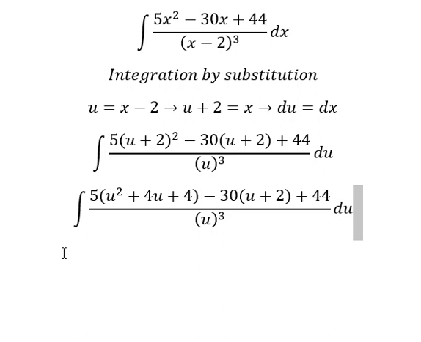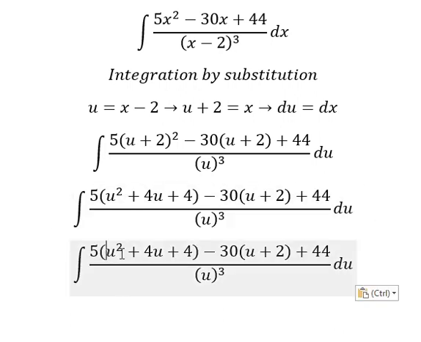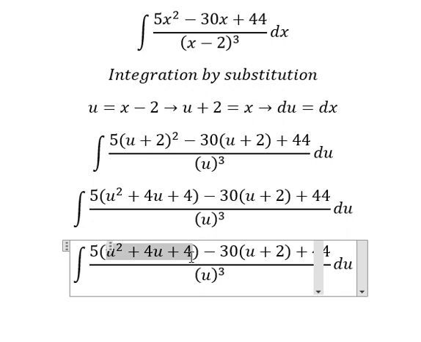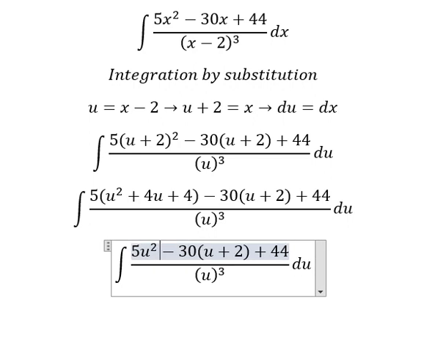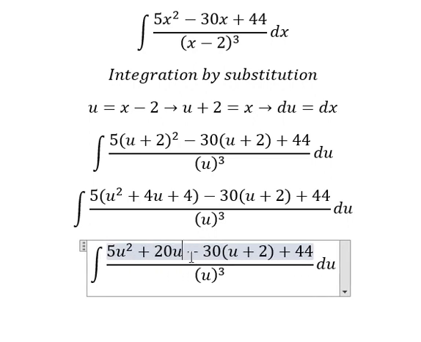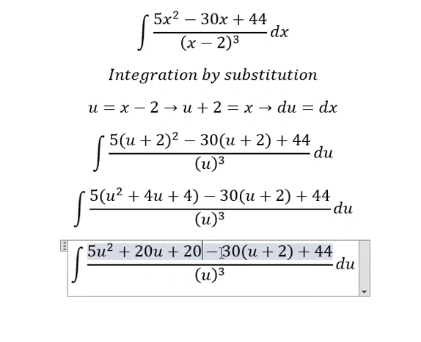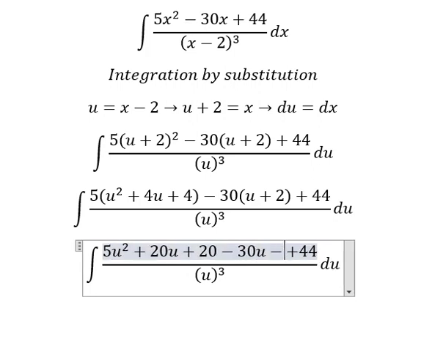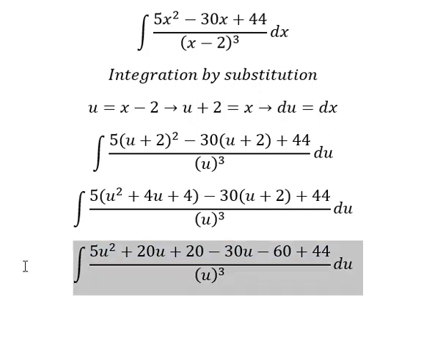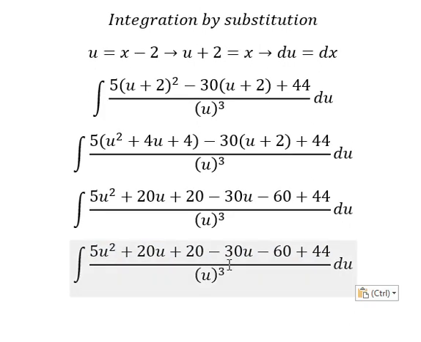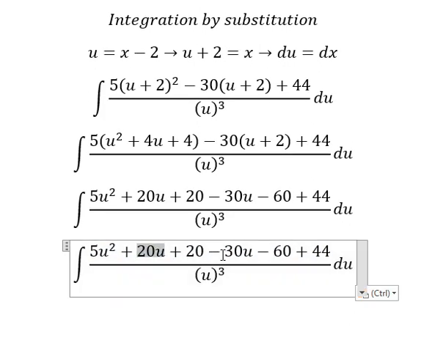So in this one, 5 multiplied by this one. Negative 30 multiplied by this one. So 20u minus 30u, we have negative 10.